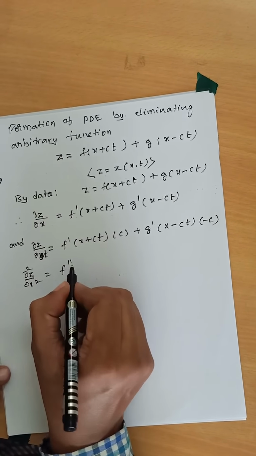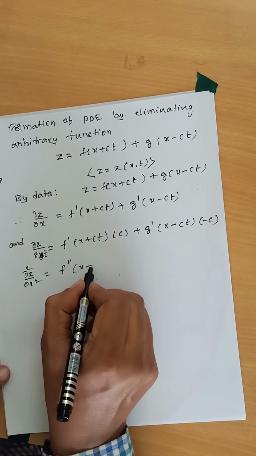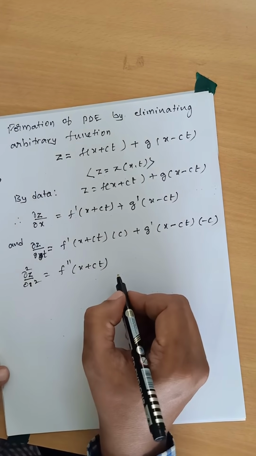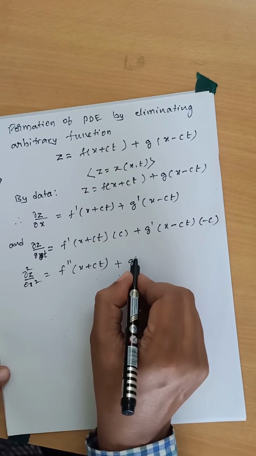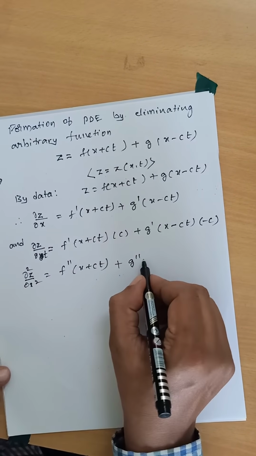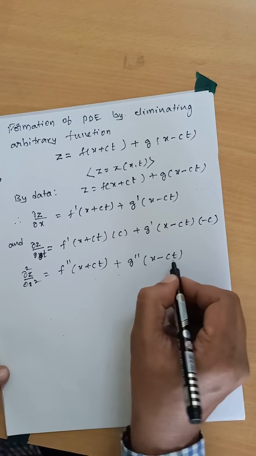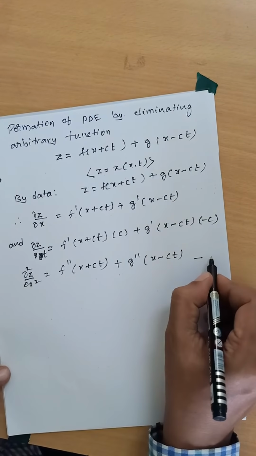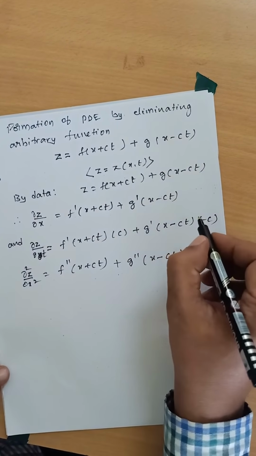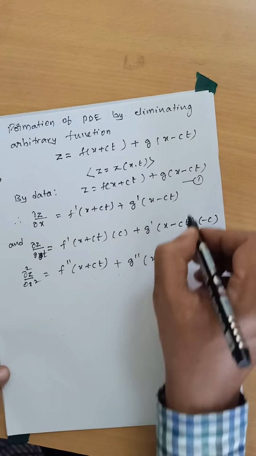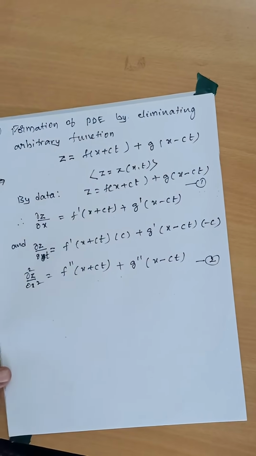That is f double dash of x plus ct with respect to x is 1, plus g double dash of x minus ct into 1. We call this equation 1, and this equation 2.